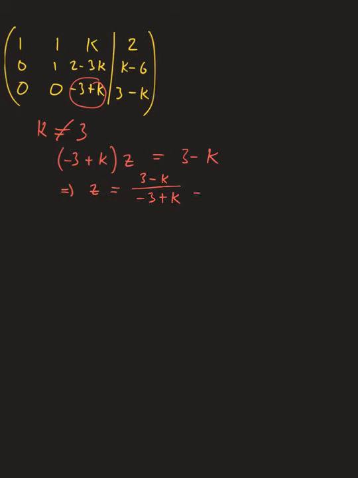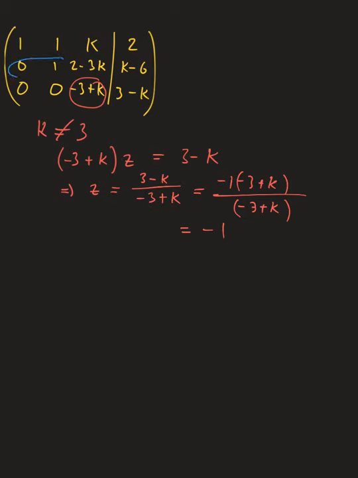Well, that's just equal to minus, minus 3 plus k divided by minus 3 plus k. If you look at the top there and multiply in that minus, let's say it's minus 1 times that. If you multiply that through on the top line, you get back that 3 minus k on the left. So I have a minus 3 plus k on the top and on the bottom. So I divide top and bottom by that minus 3 plus k, and I see that that is just equal to minus 1.